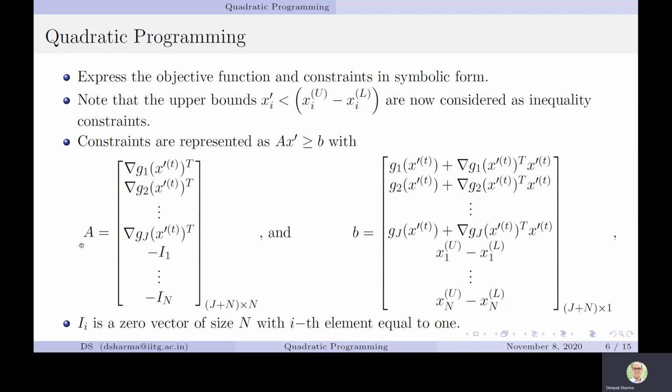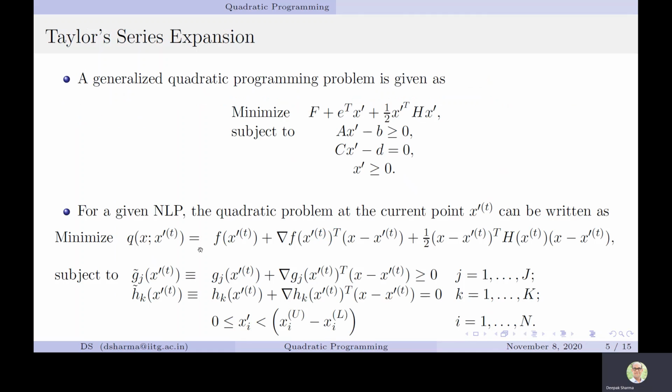Now you may be wondering how we are getting A and B. If I go back, as you remember, we have written our NLP in this particular form. If we simplify all these equations and fit into this form, which is given on the top as a quadratic problem, then those terms which are multiplied with the x prime will become a part of the A matrix.